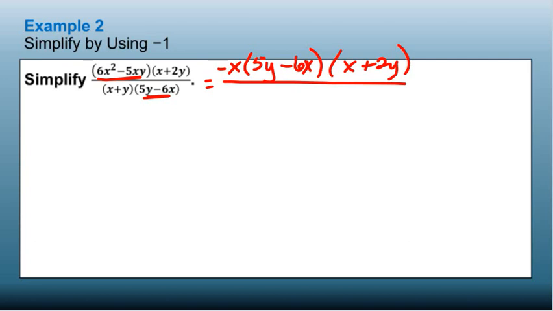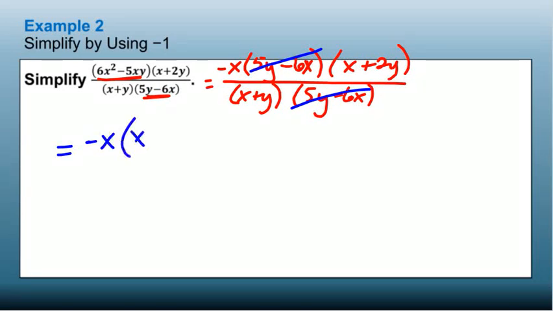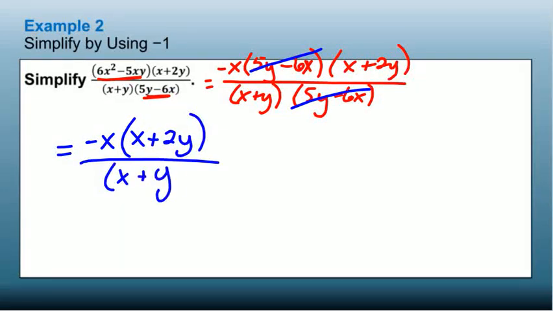And on the denominator, I have an x plus y, and I have a 5y minus 6x. Now, if you had negative 6x plus 5y on top, that's still the same. So this divides out, and my answer is now negative x times x plus 2y all over x plus y.